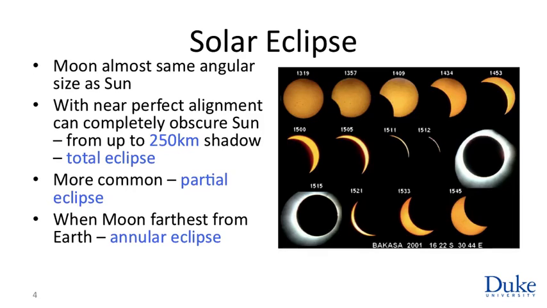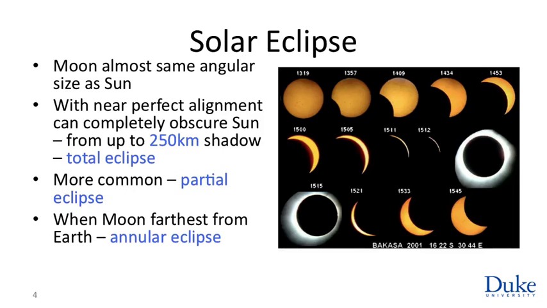An interesting coincidence. What this allows is when you have perfect alignment during new moon, the moon is able to completely obscure the sun when you superpose 2 disks of the exact same size in the sky. But this requires perfect alignment, so perfect that in fact it will only obtain for a small region on Earth.